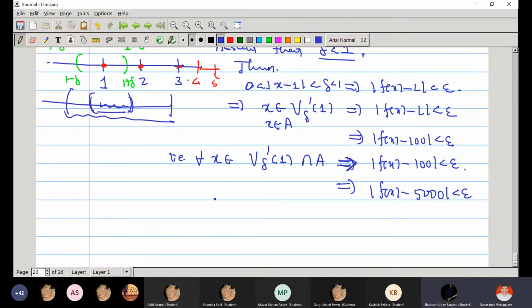There are infinite limits of f at 1. Every number is a limit, because you give me epsilon, I can give you delta less than 1, and if x is in that delta neighborhood, |f(x) minus that number| is less than epsilon, no doubt. So what happened?